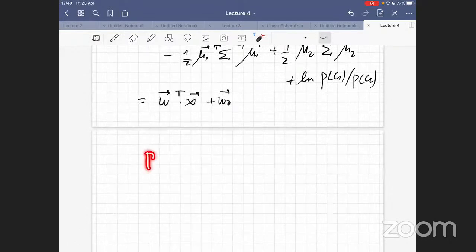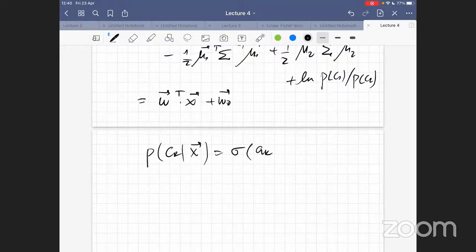Then, in general, I see that by doing this, which I can always express in this way, as I demonstrated above, this is the sigmoid, the softmax, of w_k x plus w_k0.